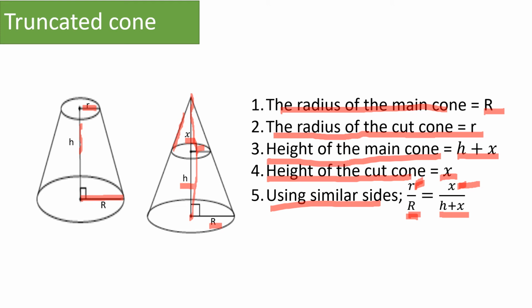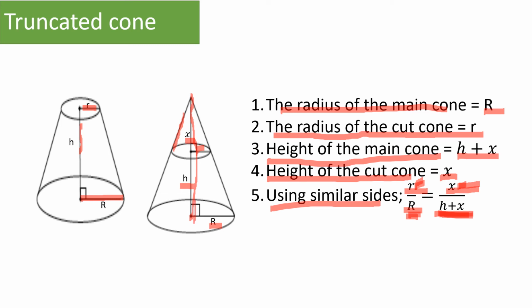The radius of the cone cut is to the radius of the main cone, as the height of the cone cut is to the main height. And remember, the main height, h plus x, is the full height.